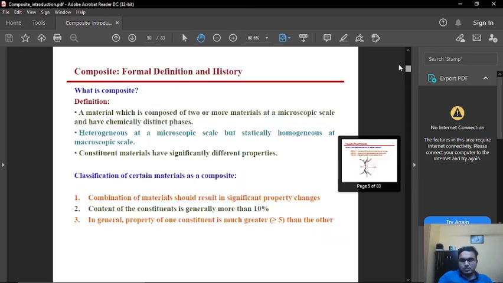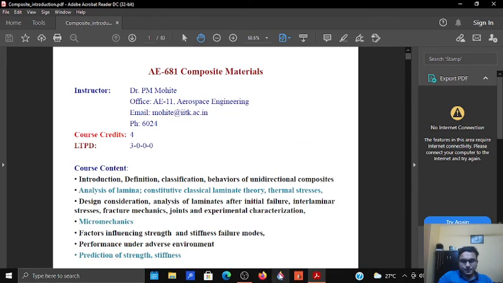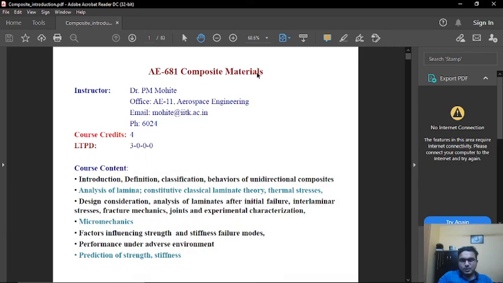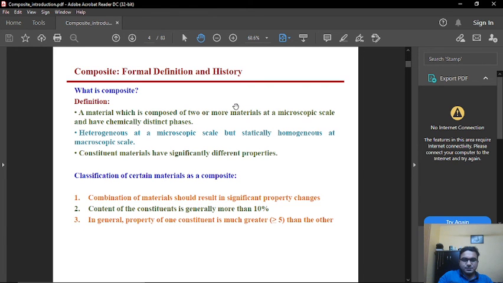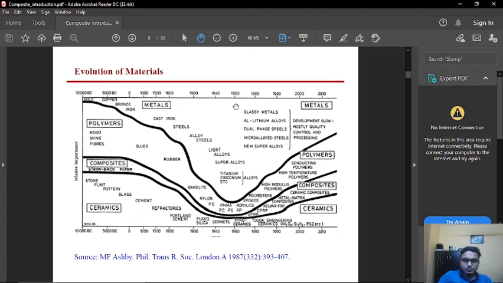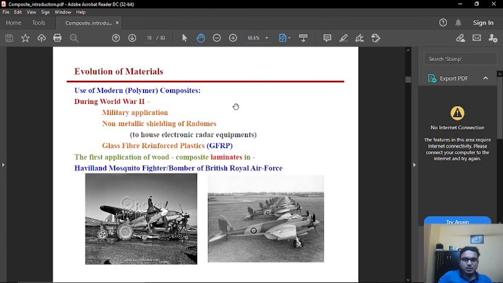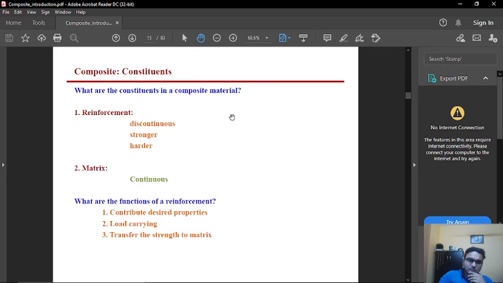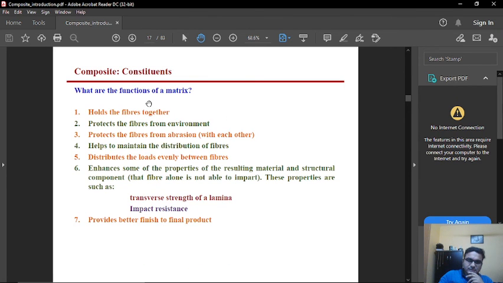So in today's lecture we began with the definition part, history of composites, evolution, and then what are the desirable properties which a composite can provide. Then constituents of composite materials.